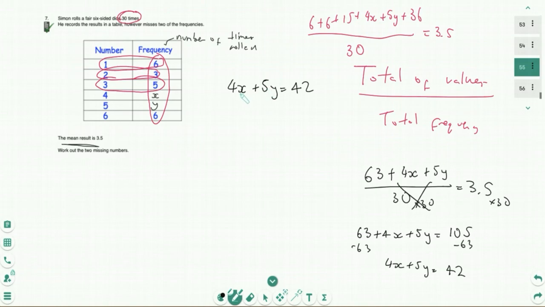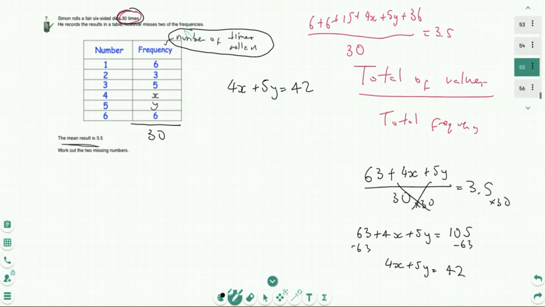What's next? Because we're not able to solve an equation if we have two unknowns. What else do I know? Well, I know that we rolled 30 rolls in total. So I know all these frequencies must add up to 30 because we rolled the dice 30 times, okay? And the frequency means the number of times rolled.